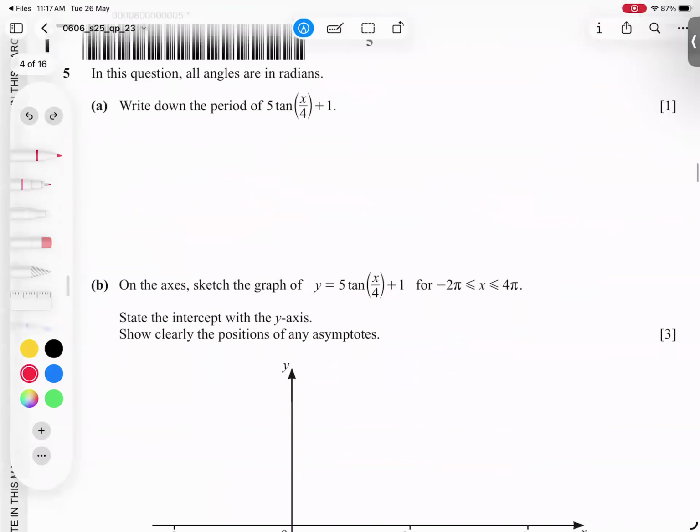Question number 5. In this question, all angles are in radians, and we need to find the period. How to find the time period? We have a time period for tan.